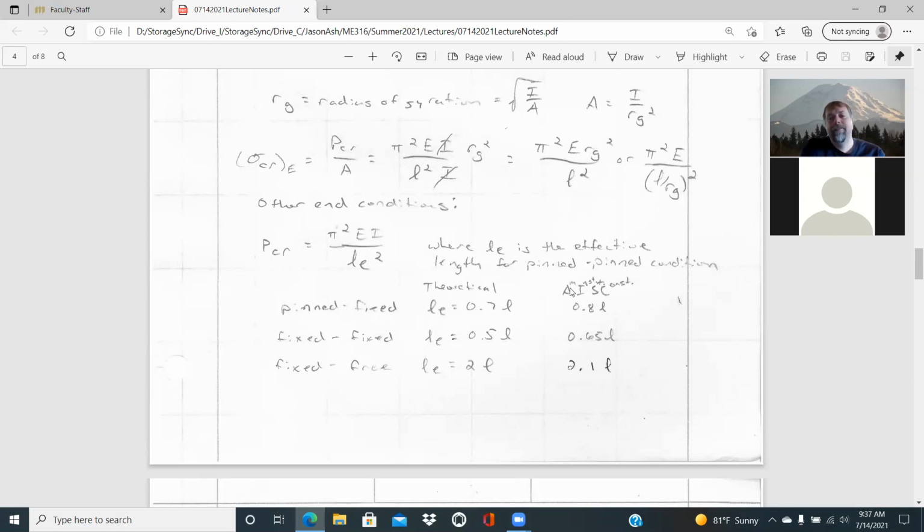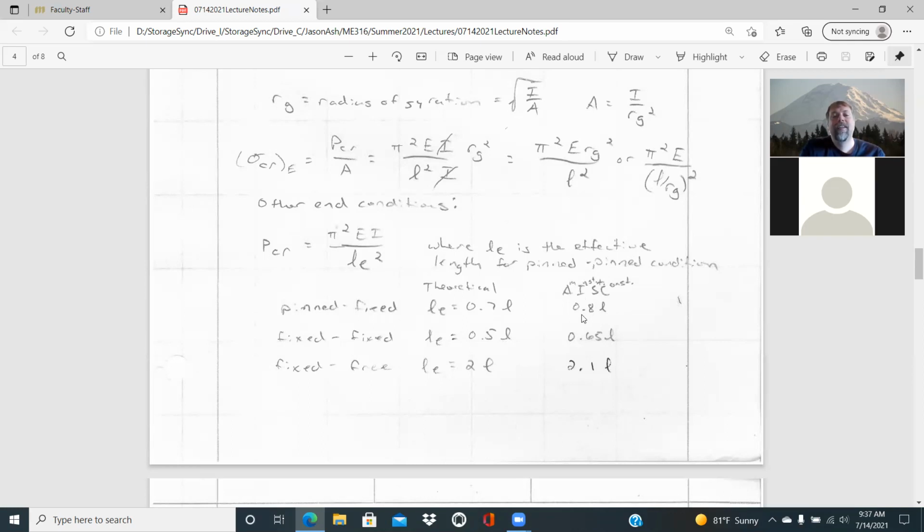But then if you're looking at design codes and meeting the design codes, there's the American Institute of Steel Construction that sets limits on defining that effective length. You can see they are increasing those from the theoretical limit, so you kind of have a built-in factor of safety.